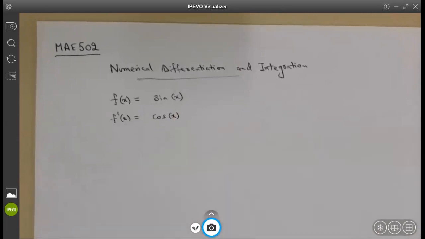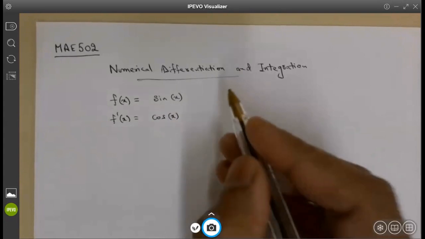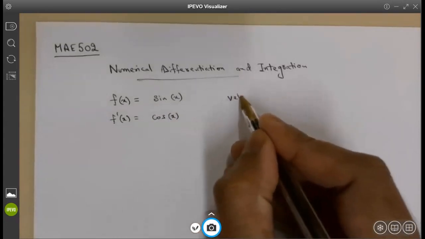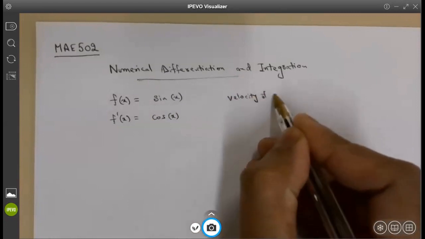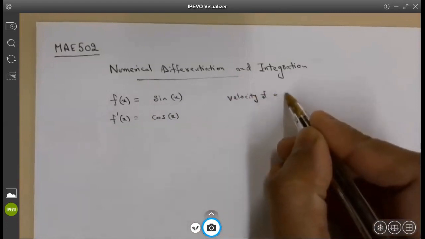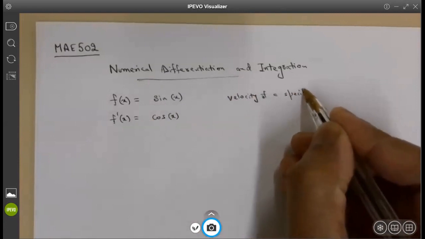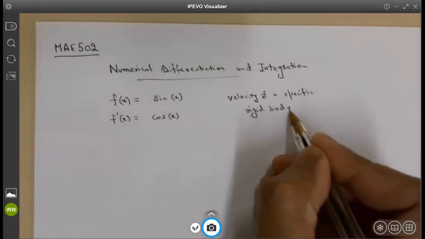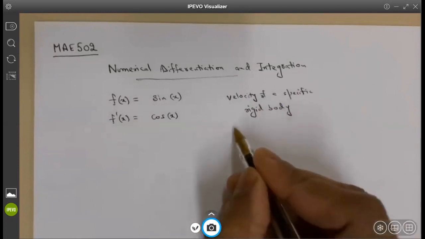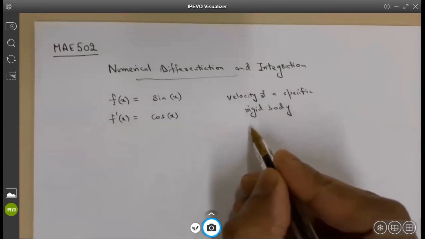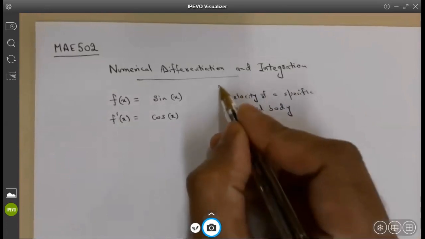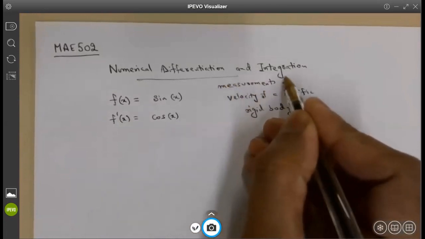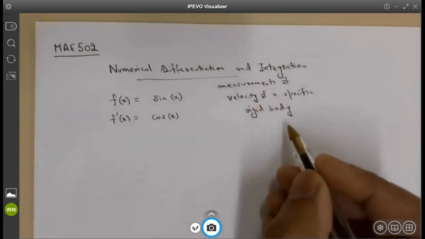For example, let's say you talk about the velocity of a rigid body. Basically you have the measurements of the velocity of a specific rigid body.